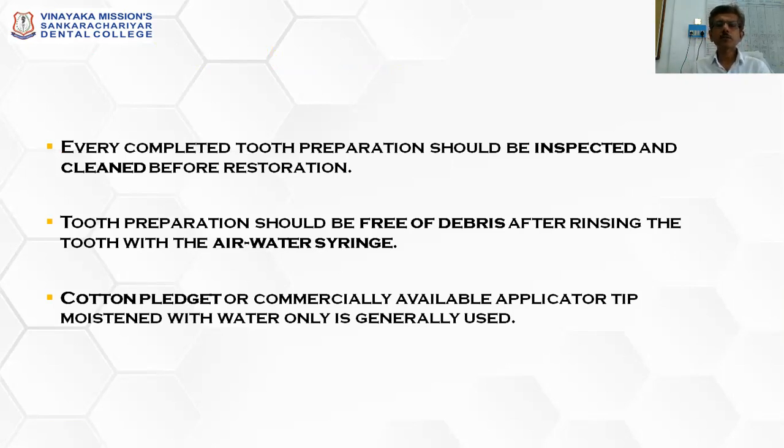Every completed tooth preparation should be inspected and cleaned before restoration. The tooth preparation should be free of any debris. After rinsing the tooth with an air-water syringe, again you use a cotton pellet or a commercially available applicator tip moistened with water.